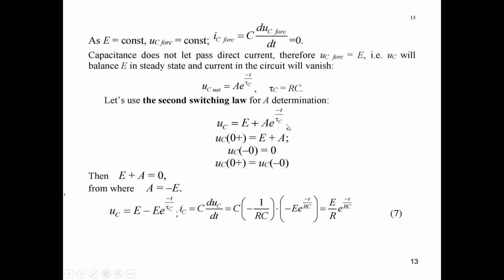So we can write down that uC natural equals A e to the minus t over tau C, as was explained previously, and tau C, the time constant, equals the product of R and C. Let's use the second switching law for determination of this integration constant A. We can write down uC for t greater than 0.